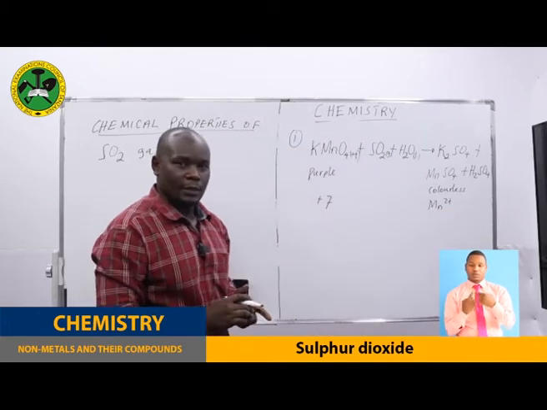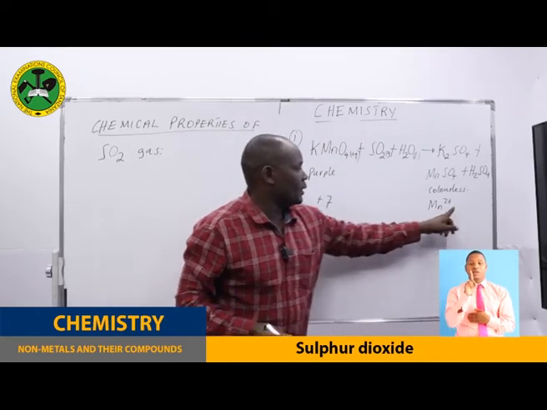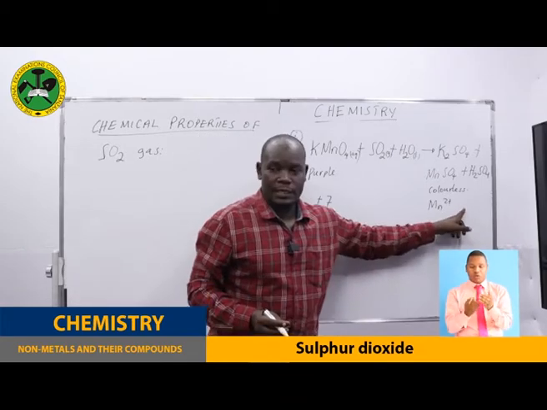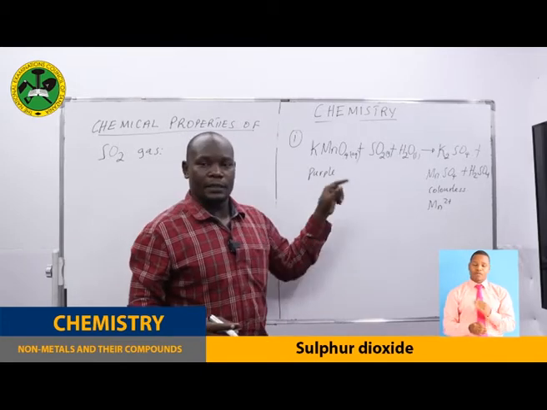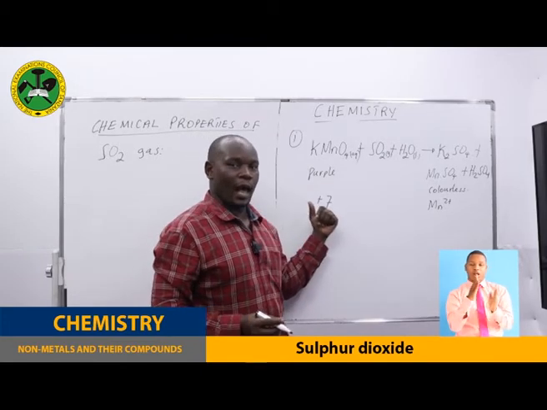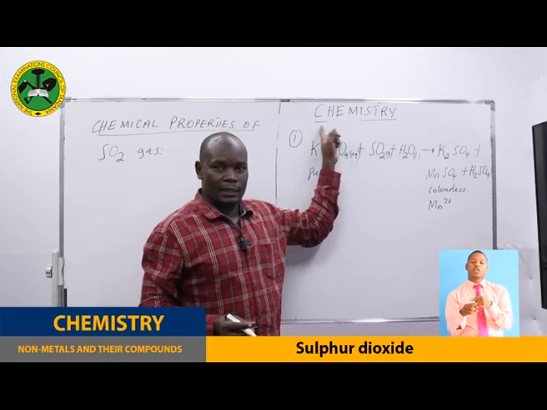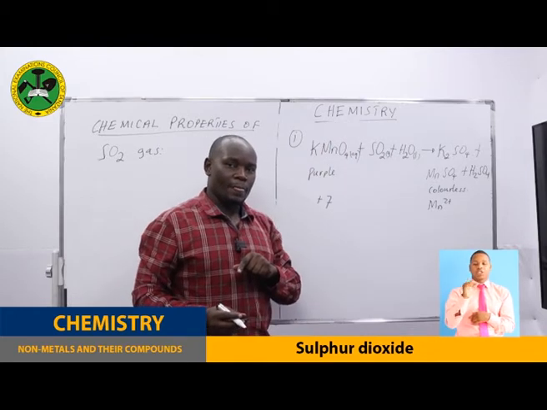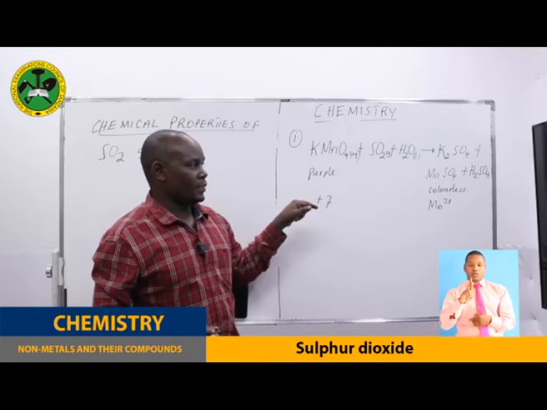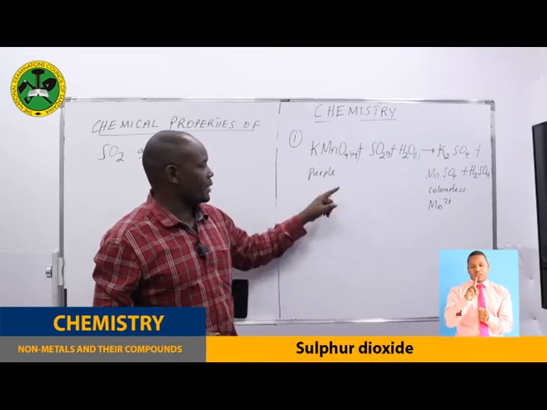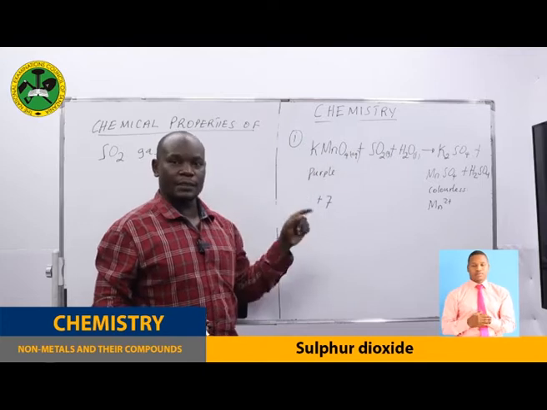So do you see there is a decrease in oxidation number? And the decrease in oxidation number is reduction. That's why I have said that the oxidizing agents get reduced, but the reducing agents get oxidized. So sulfur dioxide is oxidized, but the potassium permanganate is reduced.